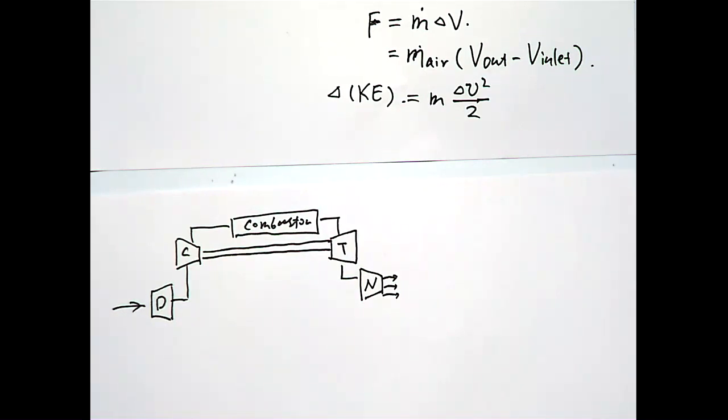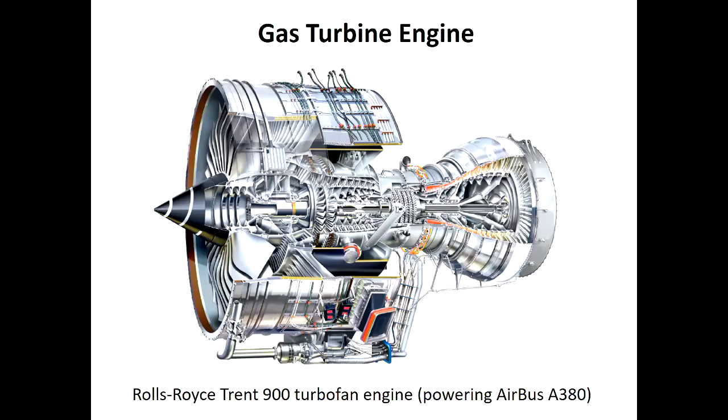So let's look at a picture of how this thing looks like. This is one of the very big engines, a Rolls-Royce engine installed on the Airbus A380. It's the largest passenger aircraft built to date.